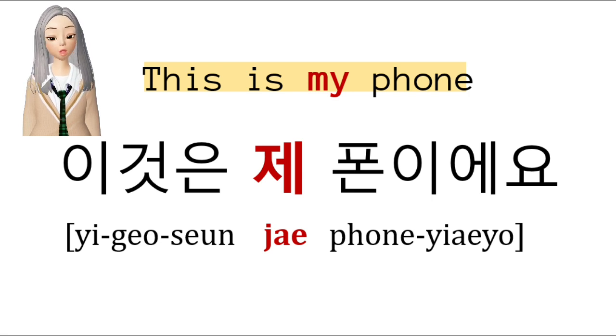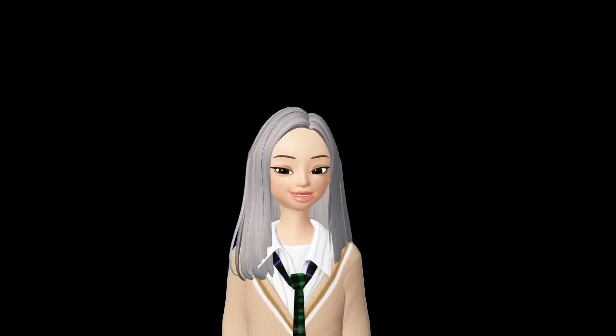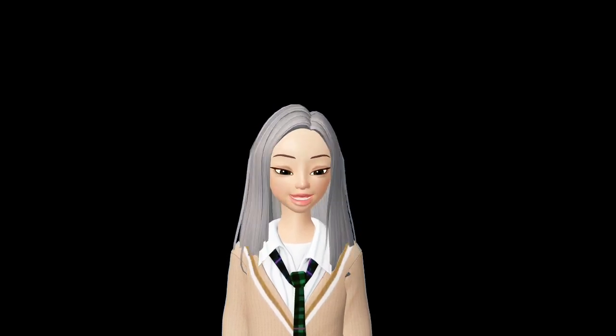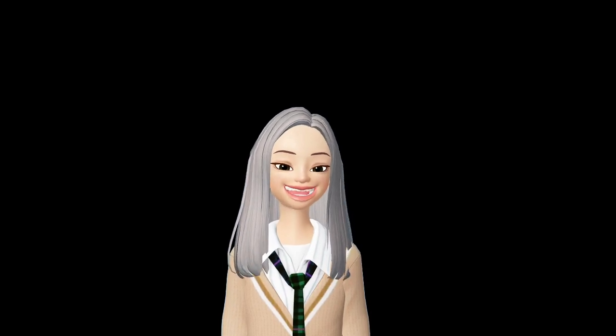If you make that into a short form, it would be 이것은 제 폰이에요. Wait. For demonstrative nouns like this, that, and it, please look at my other video regarding this, that, and it in the link.